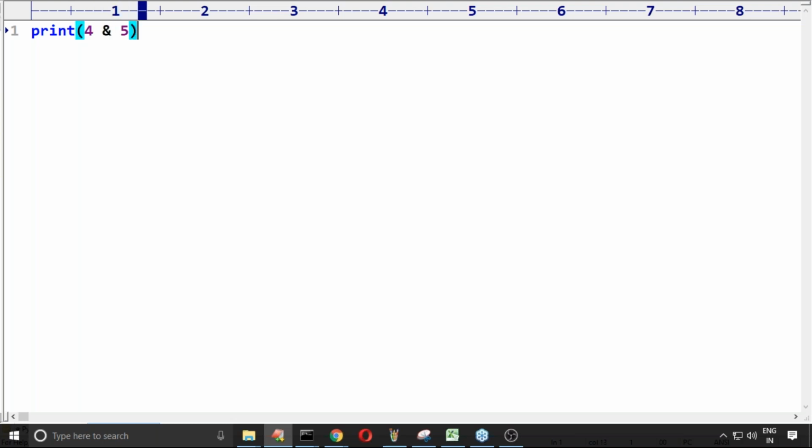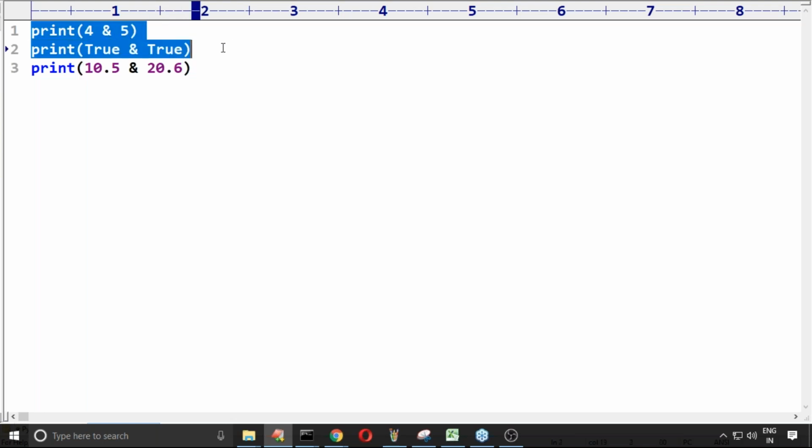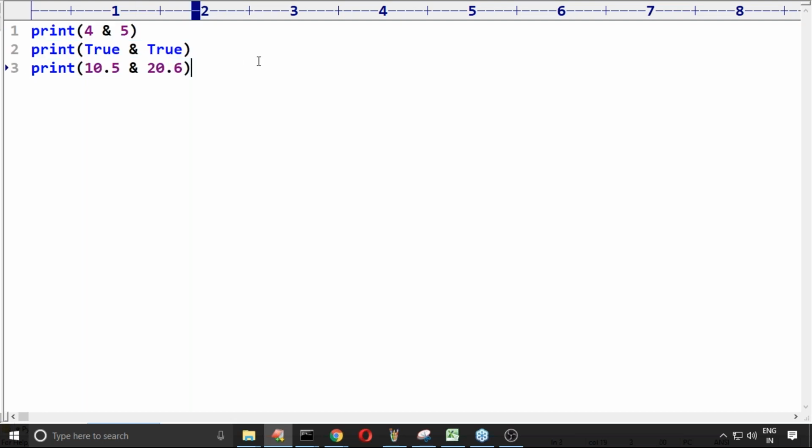Both are int type. Is it acceptable or not? Yes. Then True AND True, is it acceptable? Yes. Now print 10.5 AND 20.6. I told you these are applicable for boolean and int, but not for other types, so in the last case we have to get an error.